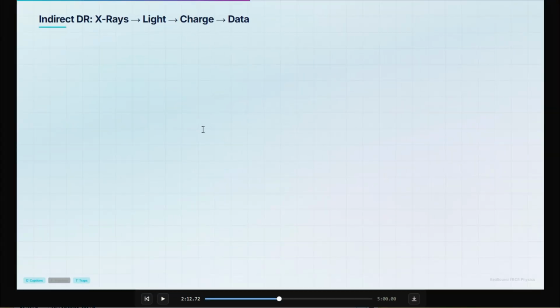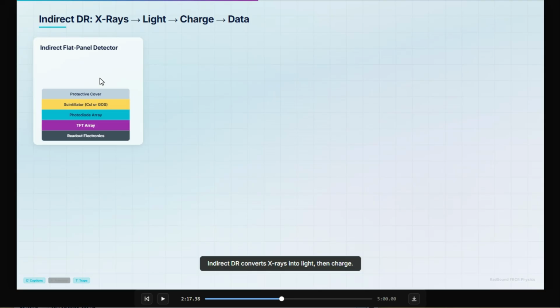Regarding digital radiography, it uses flat panel detectors. The indirect system of digital radiography converts X-rays first to light via a scintillator, then the light to charge, then the charge is converted into data. The indirect flat panel detector is as follows.